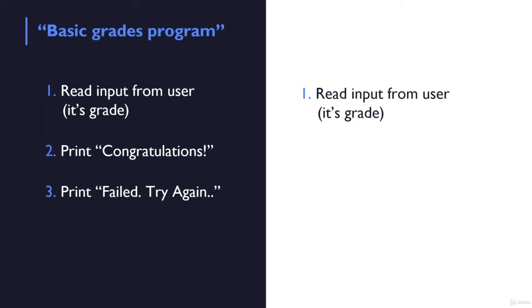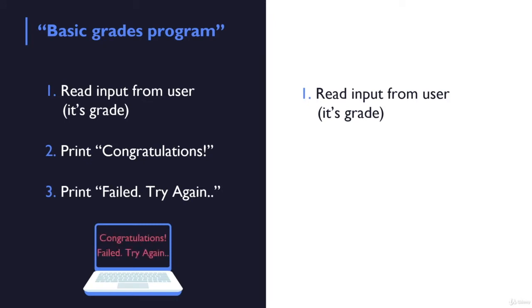But as probably you can see, unfortunately, if we try to run this program as is, you will simply see that you're getting an input from the user, which works fine, and then you just print congratulations as well as failed try again message. And that doesn't make any sense though, to print both of these messages one after the other.